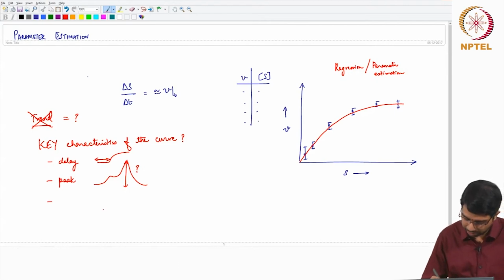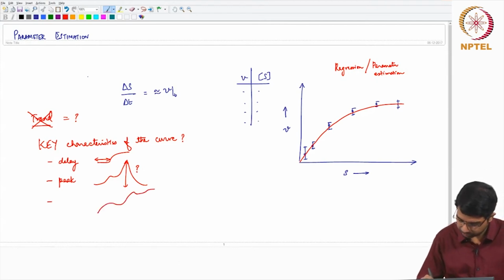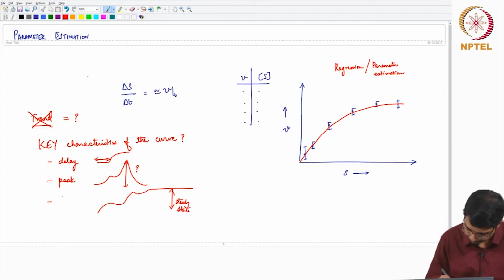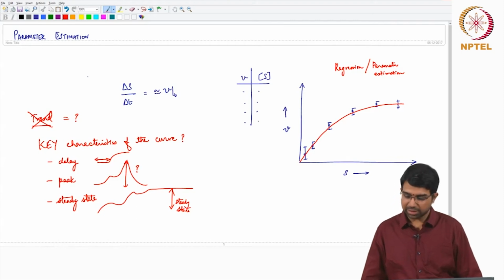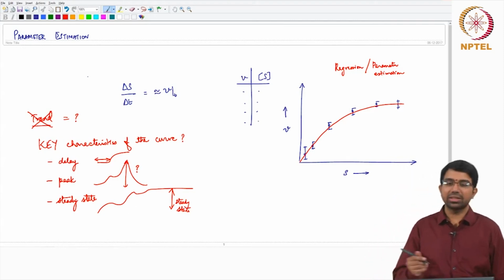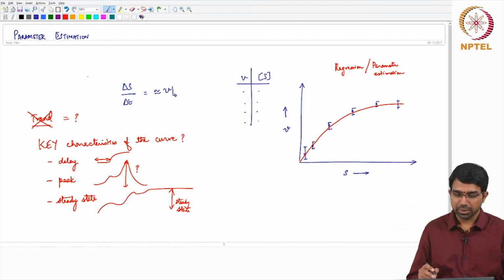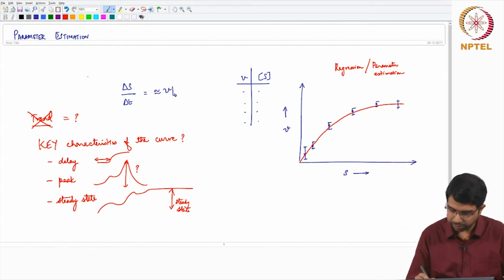Very commonly you may have a steady state. Can you capture the steady state? You may have a delay in the response, right?